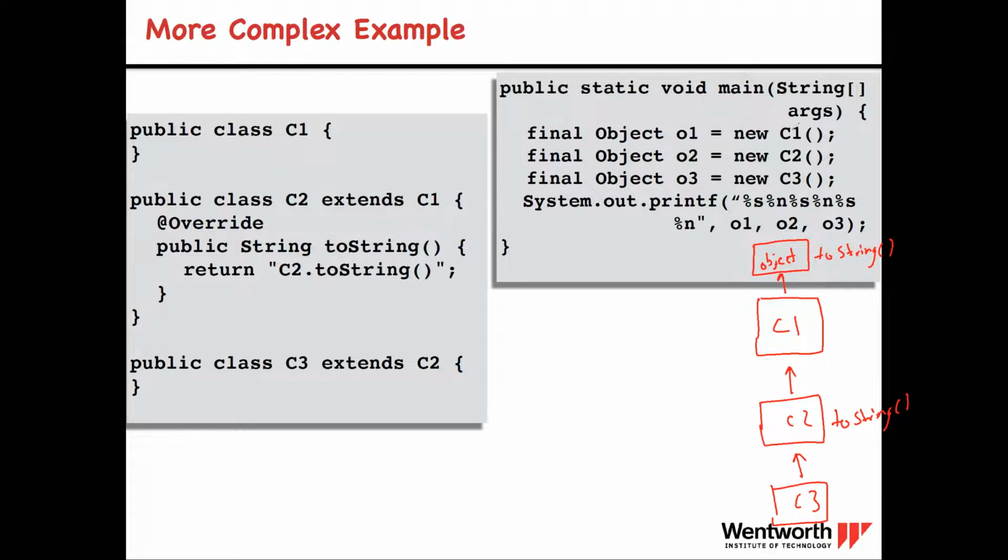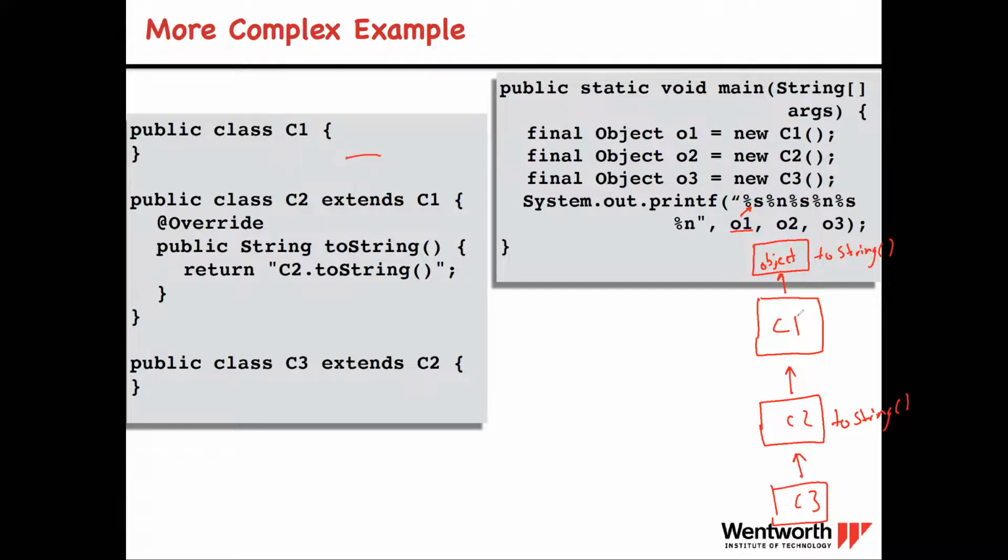Now, let's think about C1, because that's the first one we print. We print O1 first. So that's this first string that prints. So we're going to do a toString on O1. Well, O1 is C1. It is a C1 object. So what's the most specific? C1. Does it have a toString?